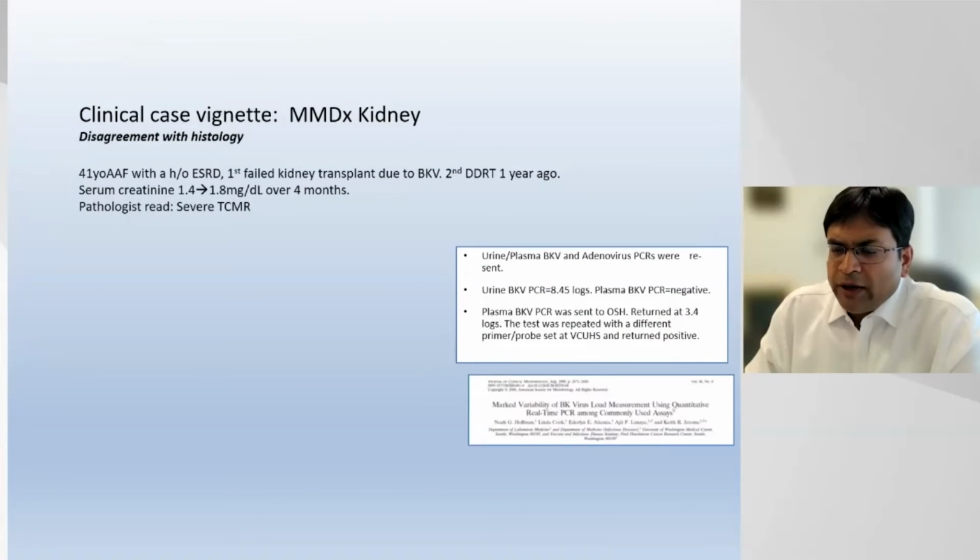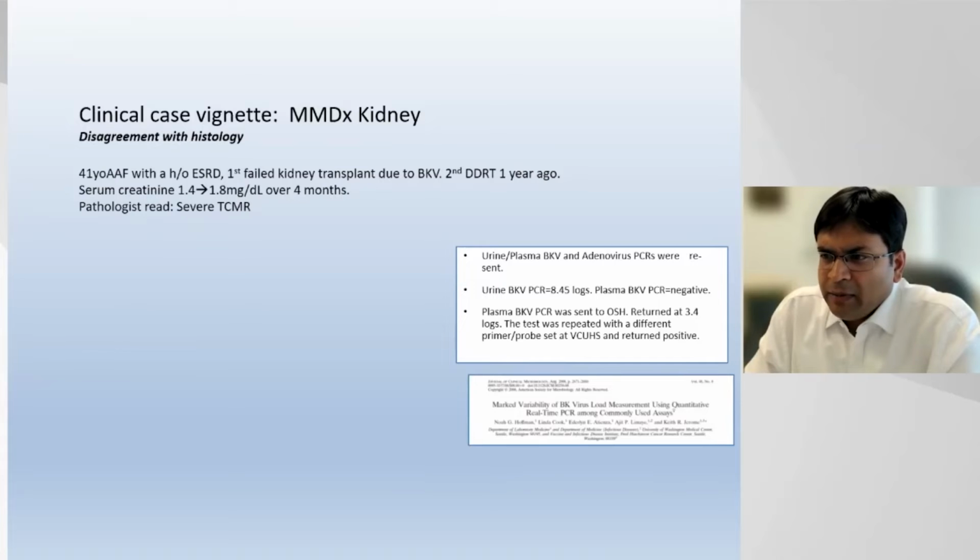So I'm going to move on to the next case, which describes a disagreement with histology. And this was a 41-year-old female who got a second kidney transplant. Her first transplant had failed due to BK virus nephropathy. Over the first 4 months of transplant, she had a rise in creatinine from 1.4 to 1.8, and a kidney biopsy was read as severe T-cell mediated rejection.